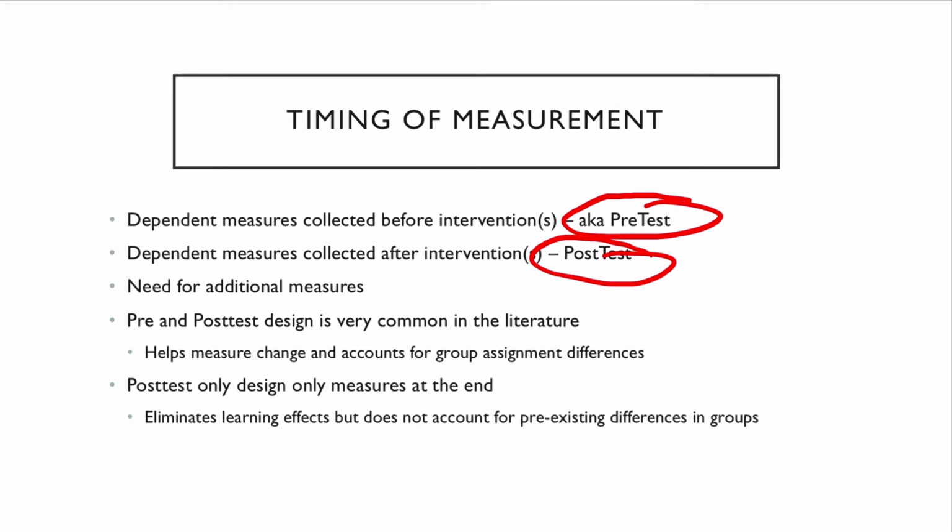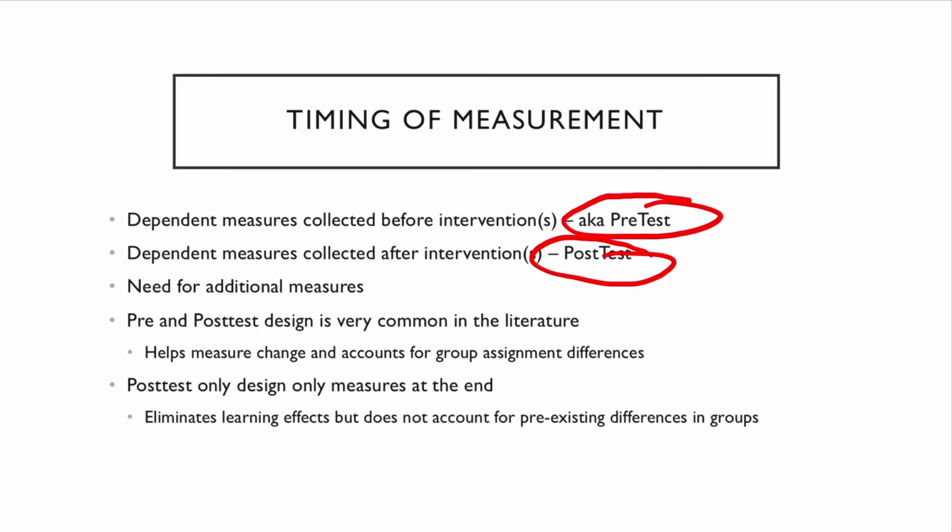Sometimes we need to do additional measures. Sometimes we want to look at how long an effect persists. So again, if I wanted to look at my training program and how well it enhanced performance after a 6-week training program, I may measure people at the end of 6 weeks. I may then allow them to do no training for several weeks or several days and retest them to look at how quickly detraining occurs.